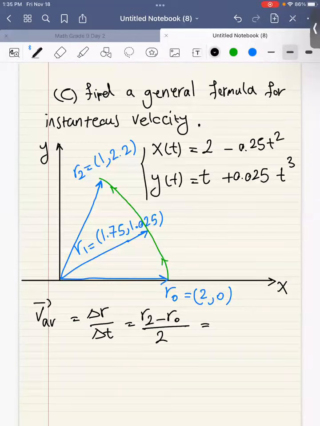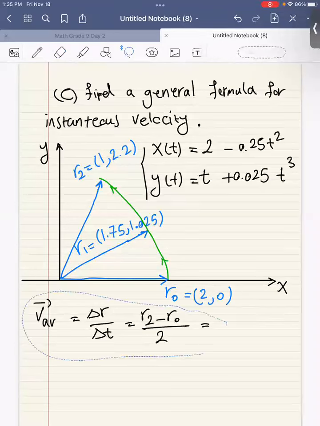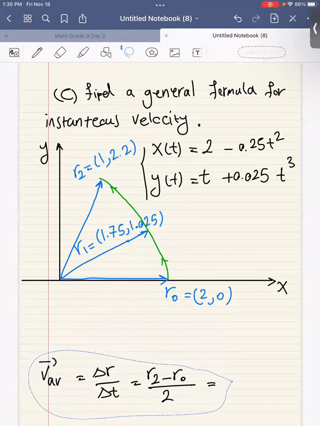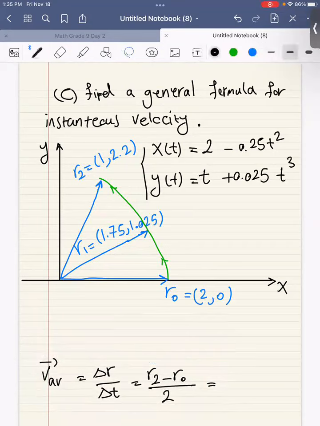Okay, so before that, this is a correct formula, but let me just find delta R. So what is delta R? Delta R is the displacement that the question is talking about.